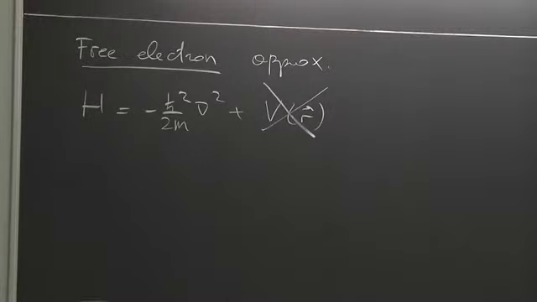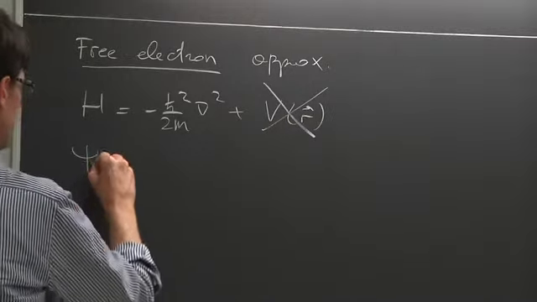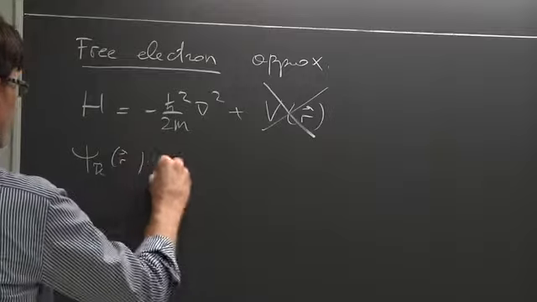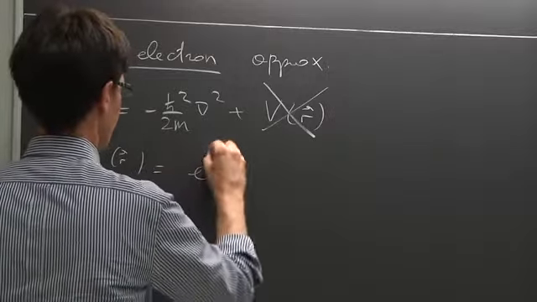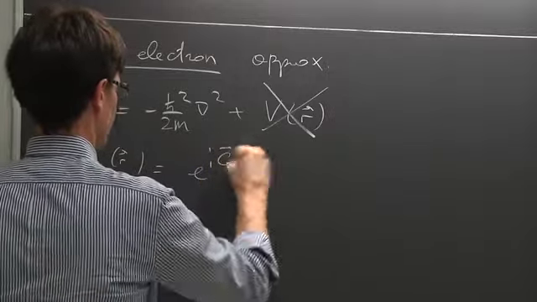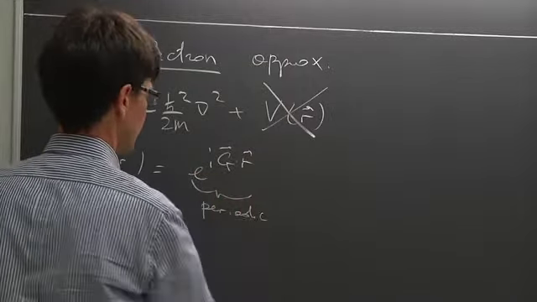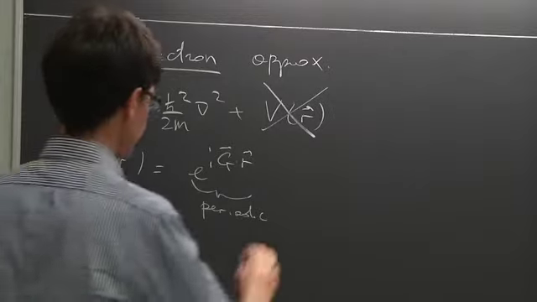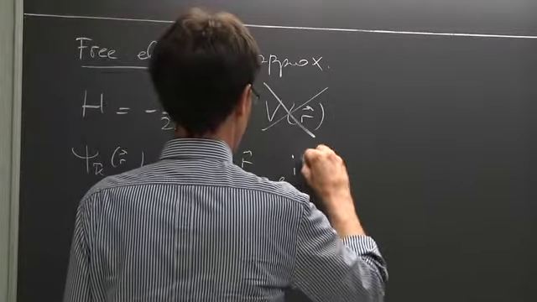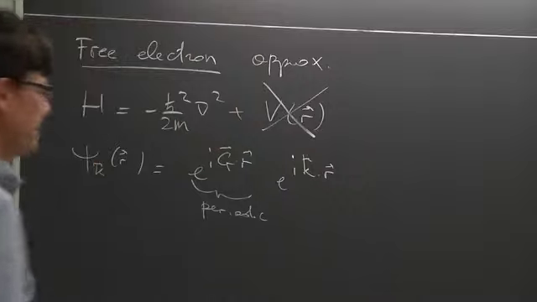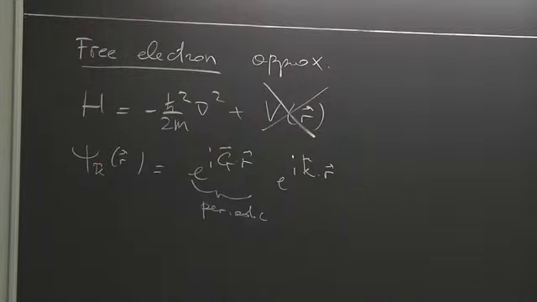We argued that the solutions psi_k(r) are given by a periodic part, the u in Bloch's theorem, times the phase that comes with Bloch's theorem.